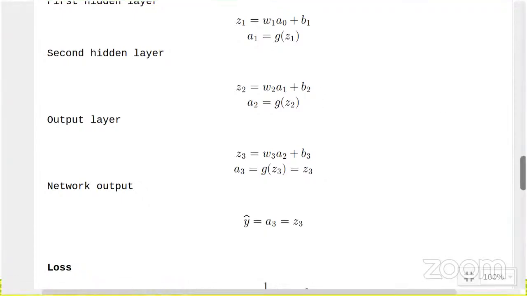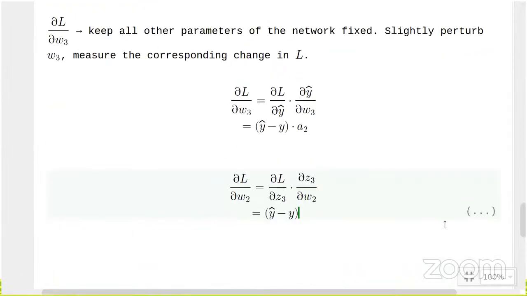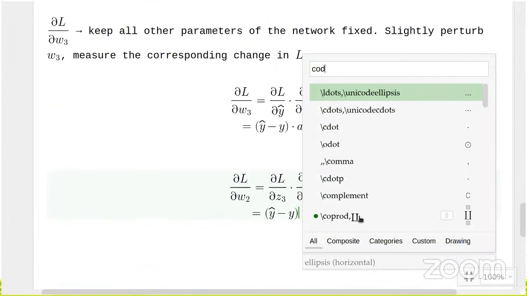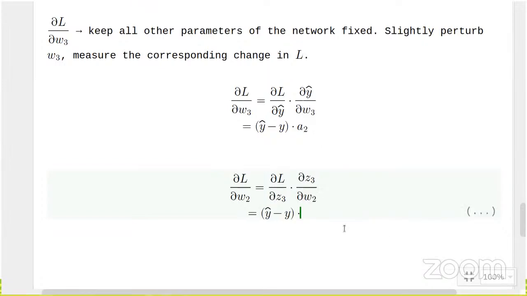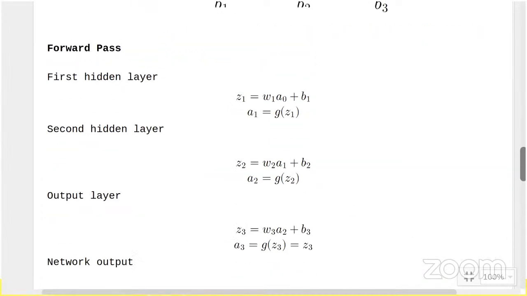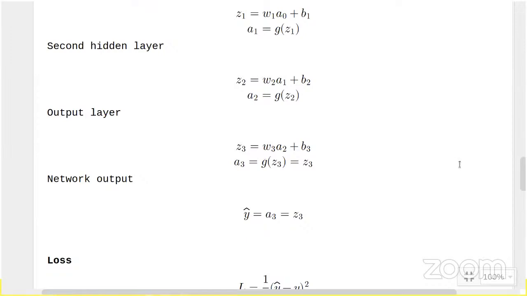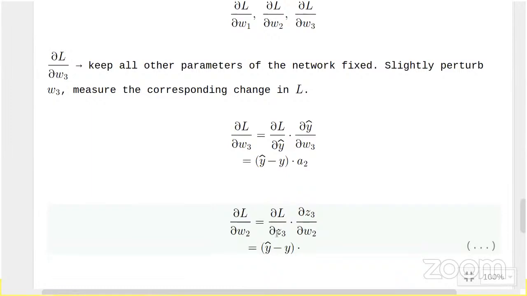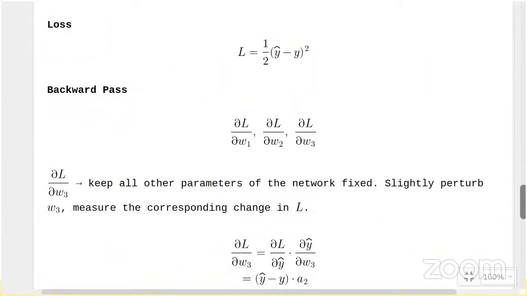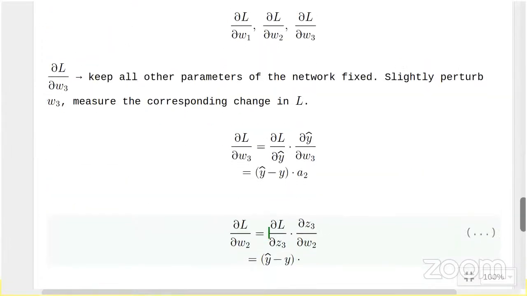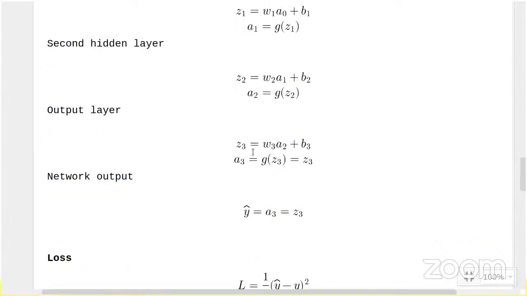Right. So I think I'm missing something. Dou Z3 by dou W2. Z3 is the same as Y hat. So dou L by dou Z3 is just Y hat minus Y. Is that fine? Yes, sir. Now dou Z3 by dou W2 is what? Dou Z3 by dou W3.